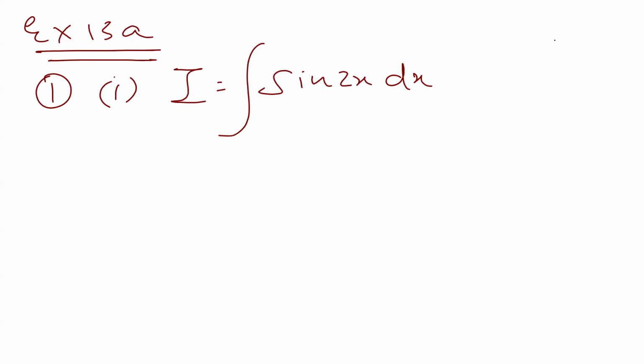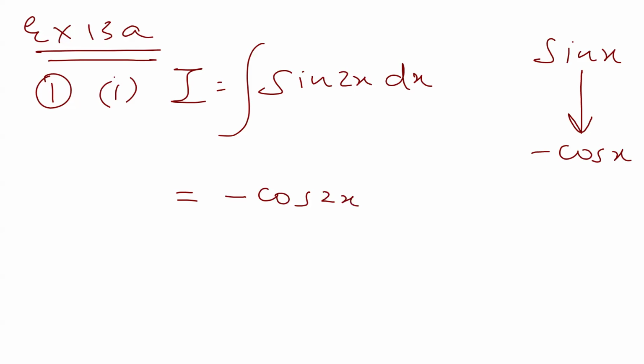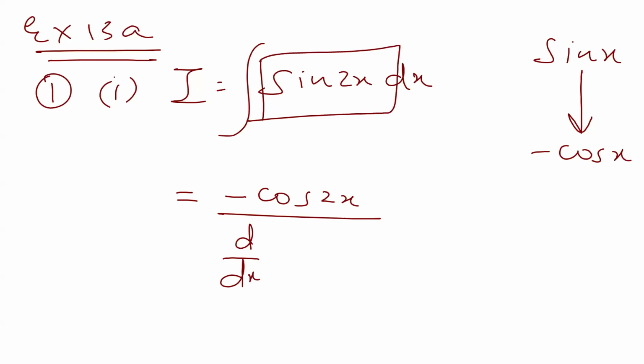Okay. So sine x integration is minus cos x. So sine 2x integration will be minus cos 2x upon chain rule part. Who is x over here? Correct. 2x is x.